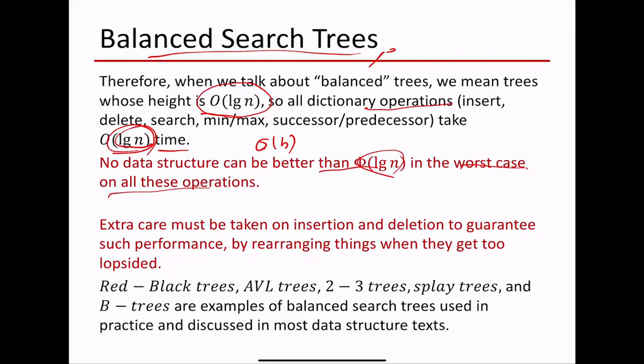All these 6 operations we talked about, and extra care must be taken on insertion and deletion to guarantee such performance, which means I have to do rebalancing after doing something. So you can find easily, but it is very hard to maintain your tree. There are red black trees, AVL trees, 2-3 trees, splay trees, and B trees, examples of the balanced search trees used in practice and discussed in most structured texts.